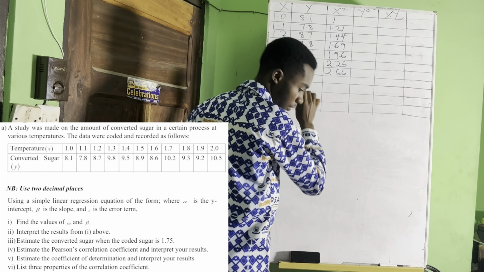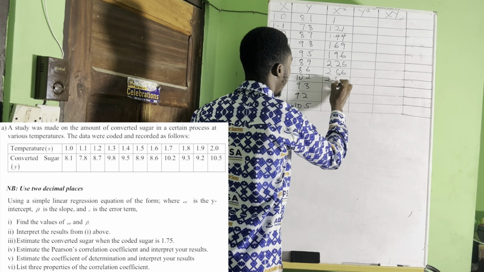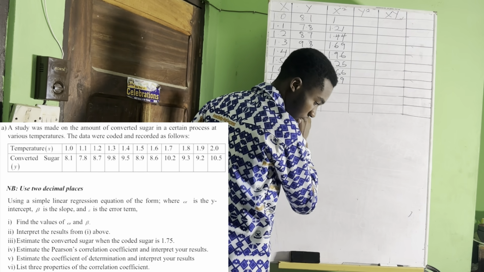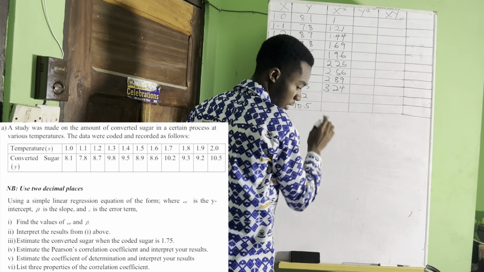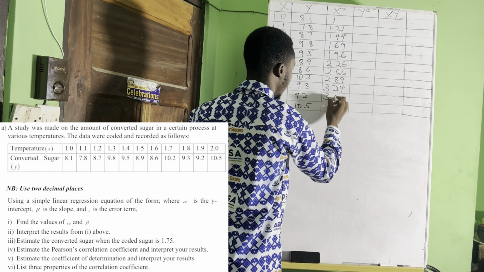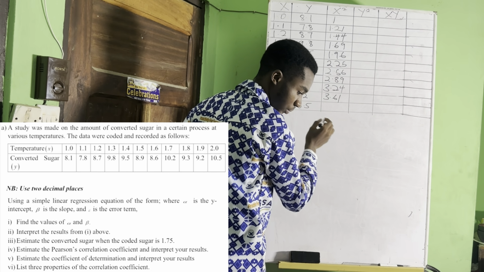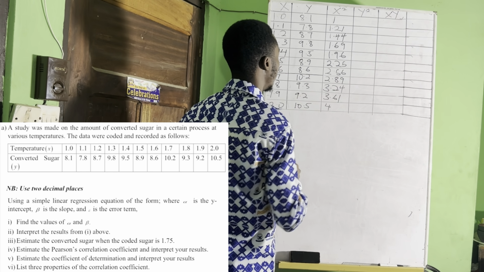Then 1.7, when you square it, you should be getting 2.89. Then 1.8, 3.24. Then 1.9, 3.61. Then the last one, 2.0, when you square it, you should be getting 4. 4 or 4.0 is the same thing.